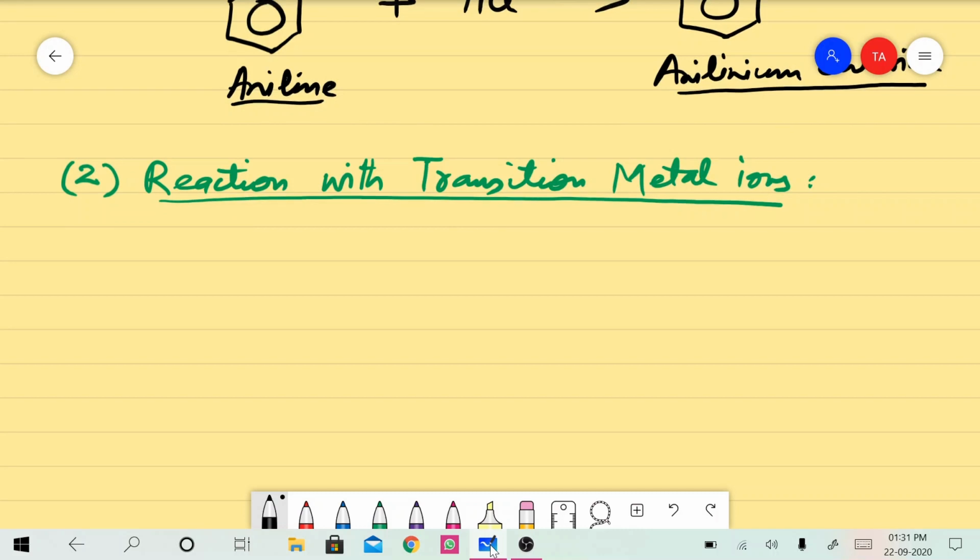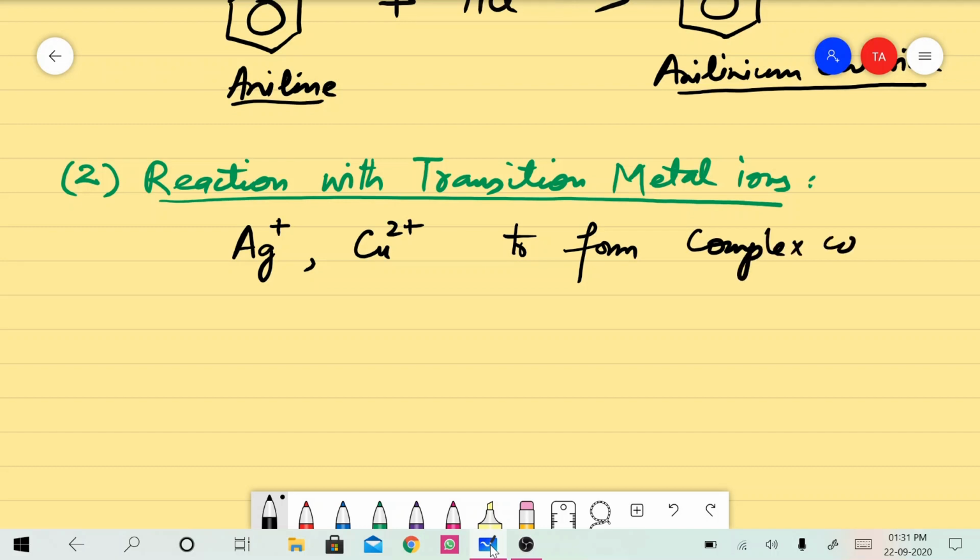Amines react with transition metal ions like silver ion, copper 2 positive ion to form complex compounds.